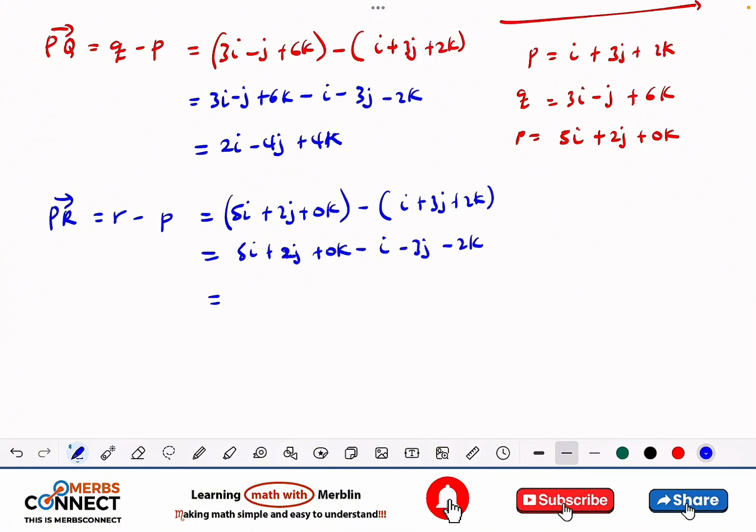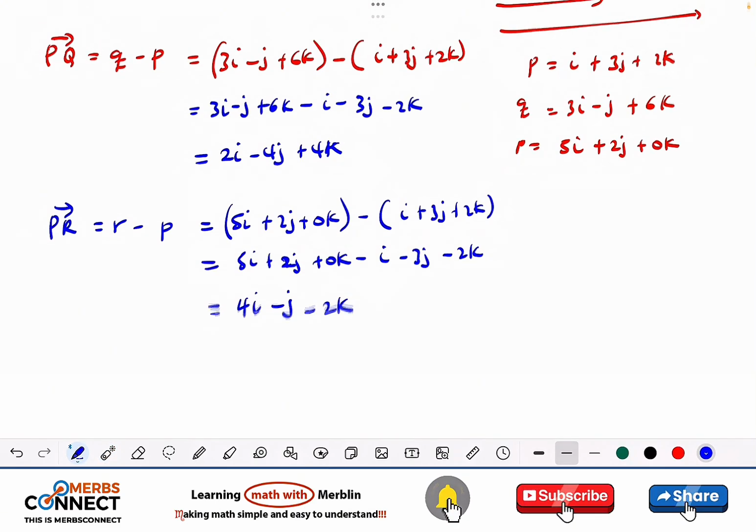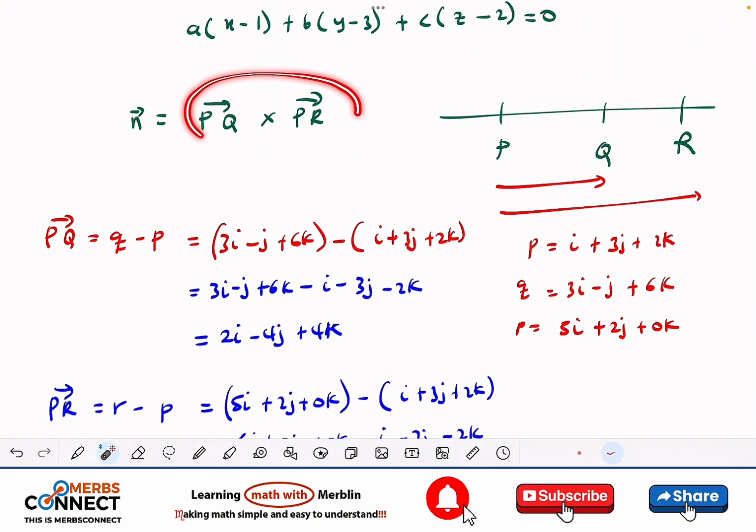This is going to give us 4i minus j minus 2k. Is that right? Yes. This and this will be 4, this and this will be minus 1, minus 2. So we have this guy and this guy. We just need to find a cross so that we can get our normal vector.